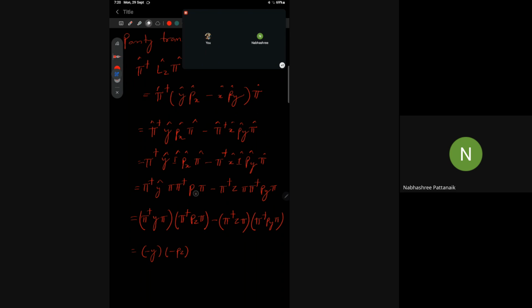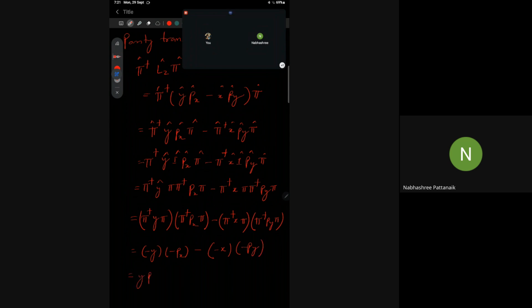Similarly, here it will be py and x. So similarly, y px minus x py: y goes to minus y and px goes to minus px, and x goes to minus x and py to minus py.